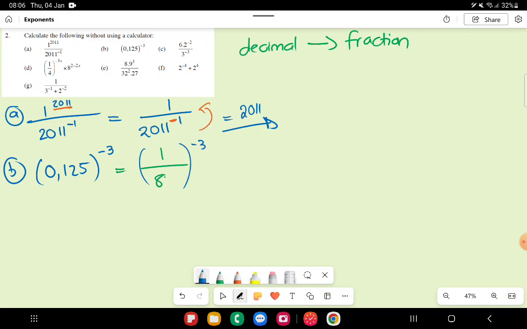Once we got that 1 over 8, our next rule is then going to be to convert it into prime numbers. So that becomes 1, is a prime number over, sorry, 1 is not a prime number, but we keep 1. 2 to the power of 3, and we exponent that to the power of negative 3. So what do we have?